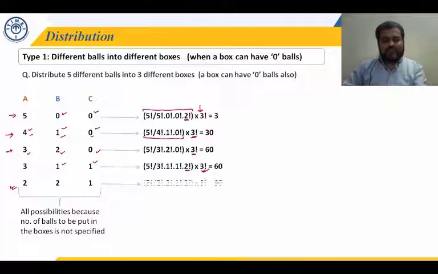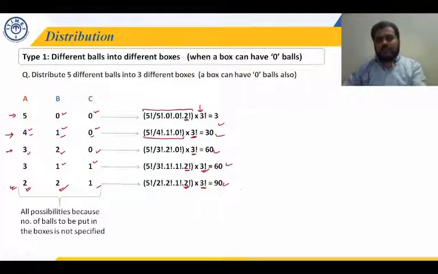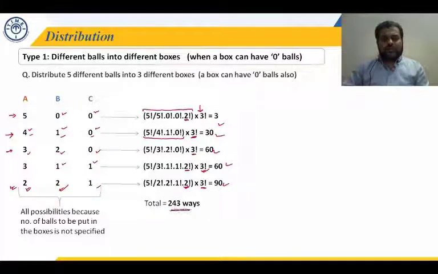And for the last case, we'll have 5 factorial divided by 2 factorial, 2 factorial, 1 factorial. These 2 are identical lots, so divide by 2 factorial also, and multiply by 3 factorial for distribution of parcels. So if you add all these cases, 3 plus 30 plus 60 plus 60 plus 90, we are going to get 243 ways. Fine. Okay.